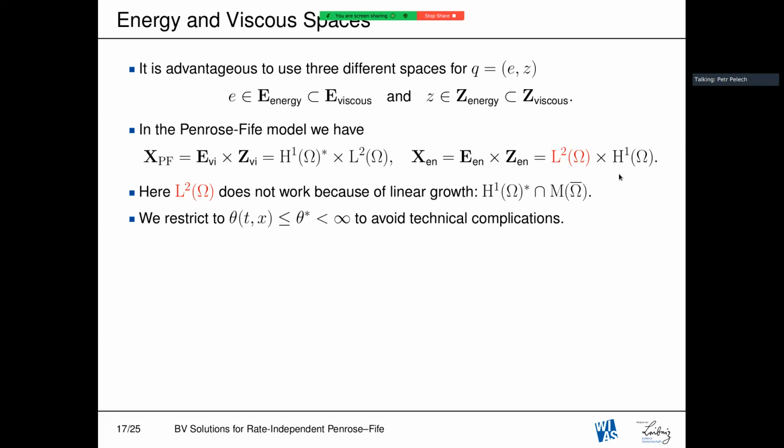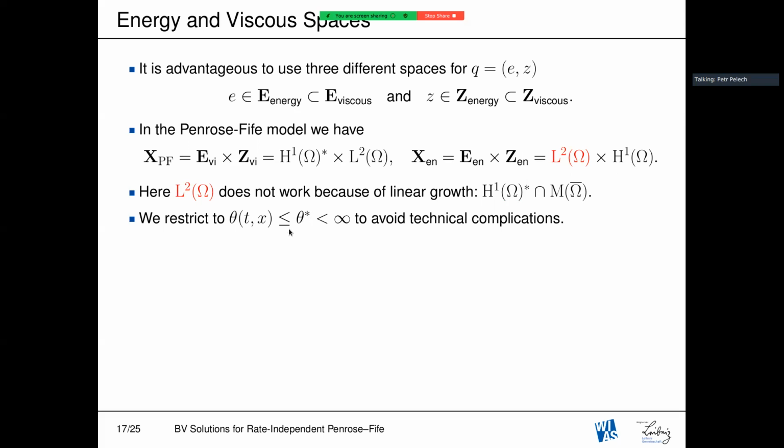Then the theory is known, and we would like to make it really behave like this system, and this we do by restricting the temperature. We will prove that the temperature remains bounded in L infinity.